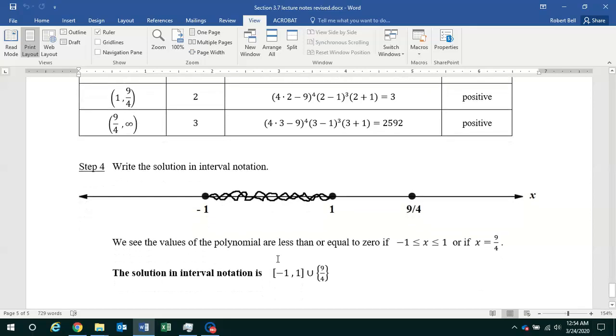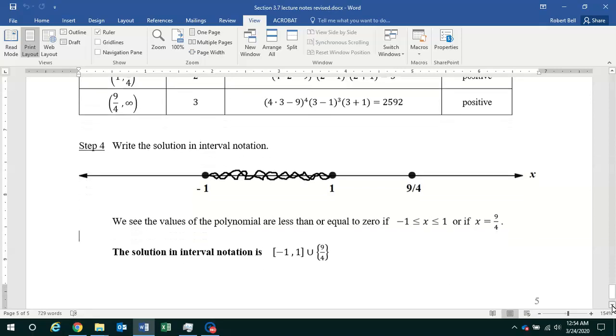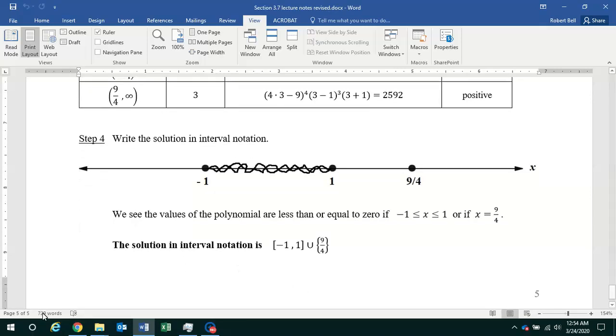So we see the values of the polynomial are less than or equal to 0 if, and this is important here, x is greater than or equal to −1 and less than or equal to 1, or if x is equal to 9/4. So in interval notation, our solution is all the real numbers from −1 to 1 in brackets, because we're including −1 and 1, and then we have to include this single number 9/4 in our solution set. That's not an interval of numbers, that's just a single number.